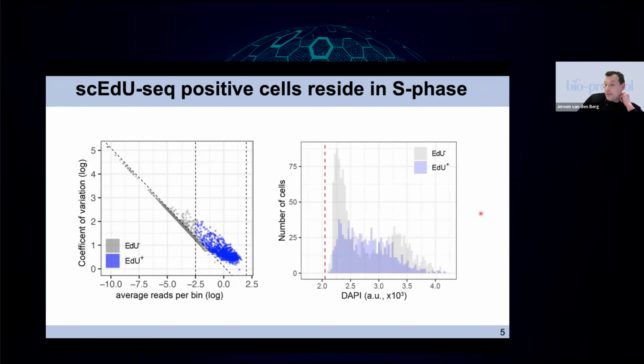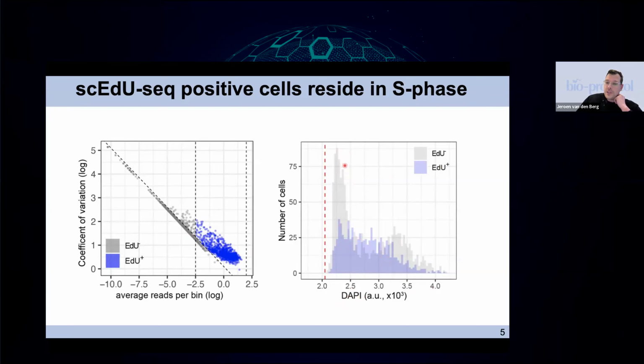So here you see that now I've labeled the cells here that are in gray and blue, but then on the x-axis you see the amount of DAPI signal that we find in these cells. The EDU-seq positive cells do not follow the same distribution as the EDU-seq negative.